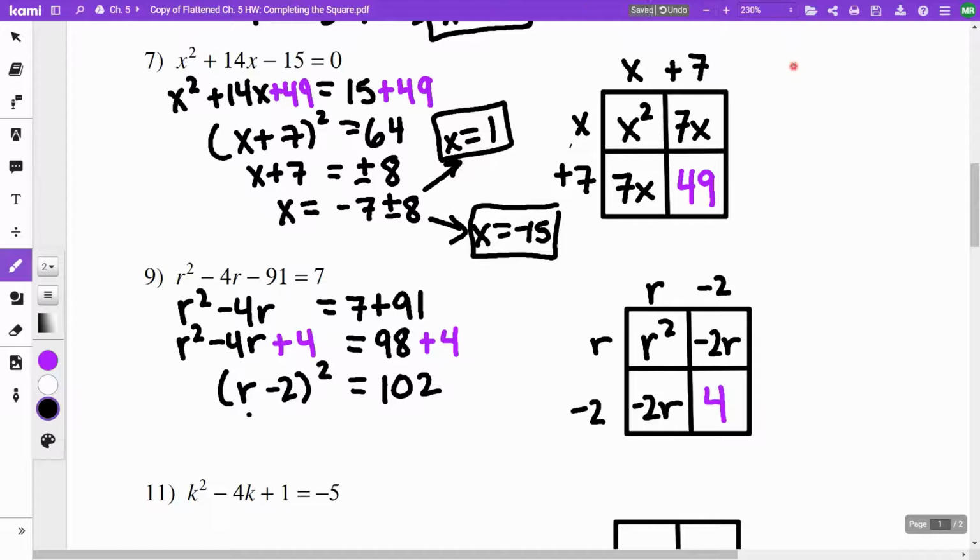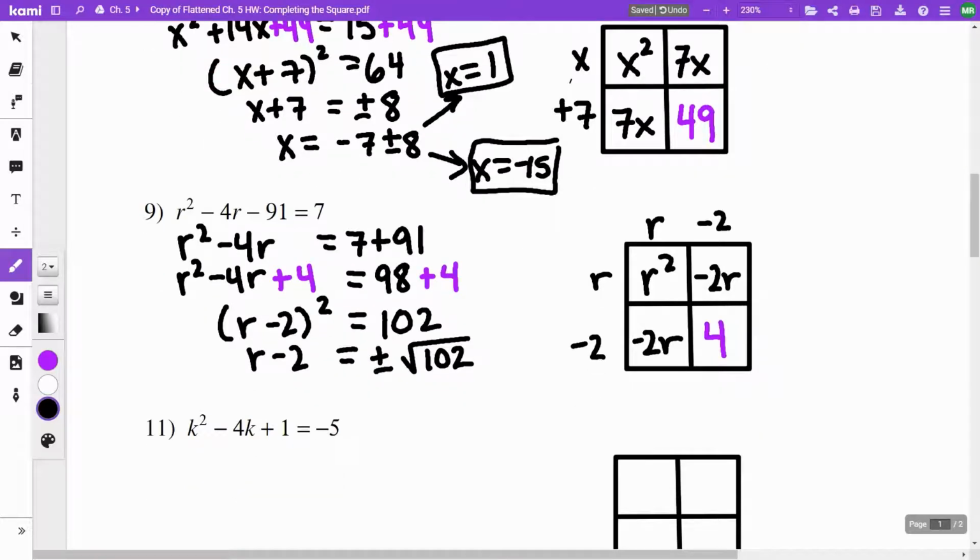So now I'm going to take the square root of both sides. I'm going to have r minus 2 is equal to plus or minus the square root of 102. Now, when I'm doing this, I do want to ask myself if I can simplify 102.